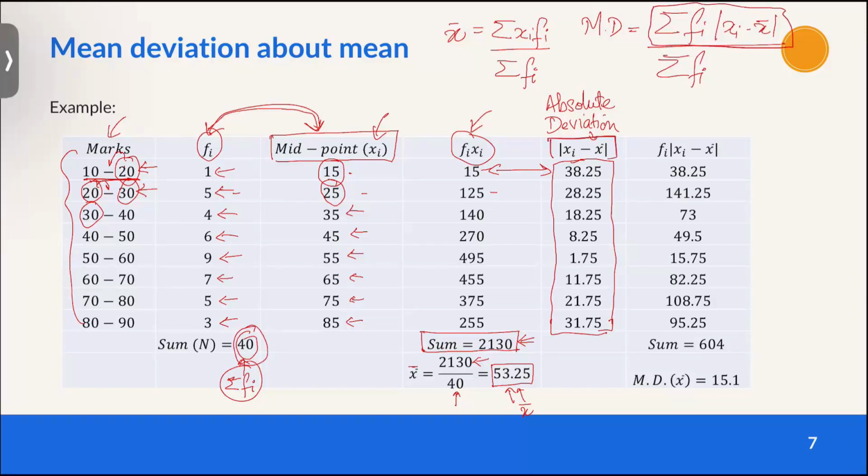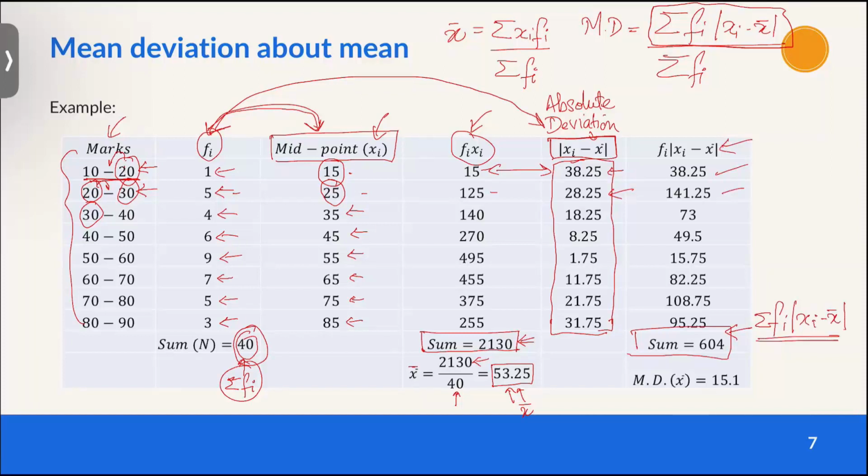So we multiply the frequency with the absolute deviation. We get 1 into 38.25, 5 into 28.25, and so on. Then we calculate the sum, which is summation of fi times the modulus of xi minus x bar. For MD, we divide 604 by 40, so we get 15.15 as the mean deviation about the mean.